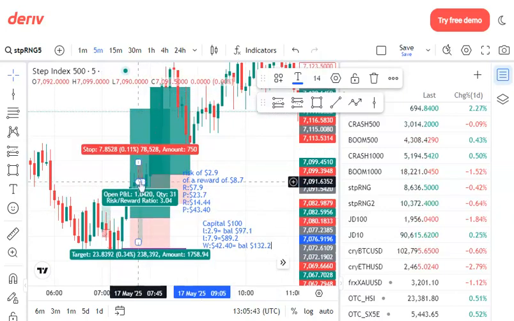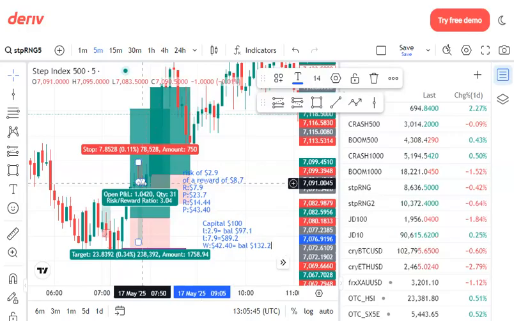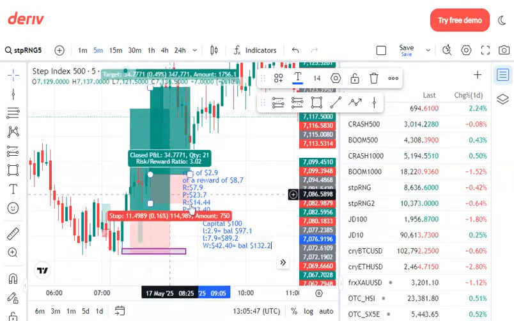And yes, we saw another red candle, and it was a trade.